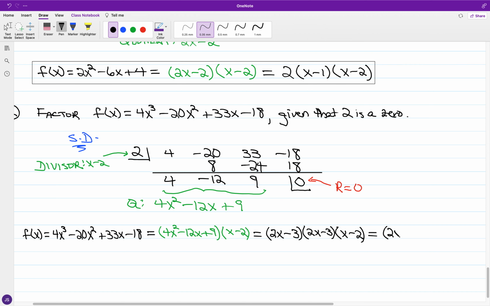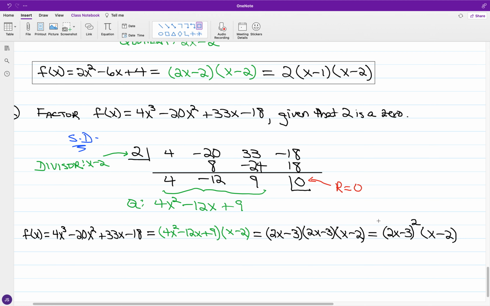So 2x minus 3 times itself is going to be the square of 2x minus 3, and then we have times the quantity of x minus 2. So that will be the complete factorization of this particular third order polynomial expression.